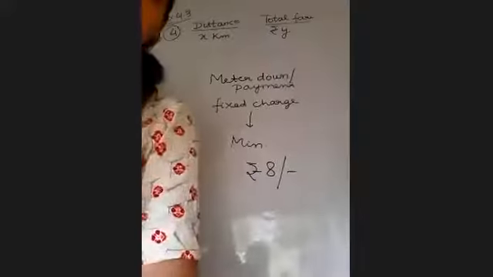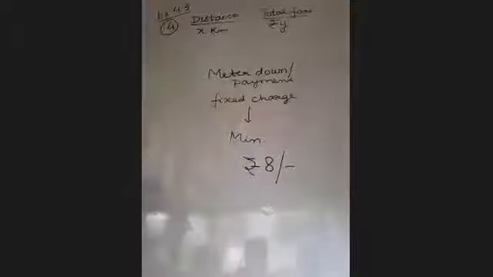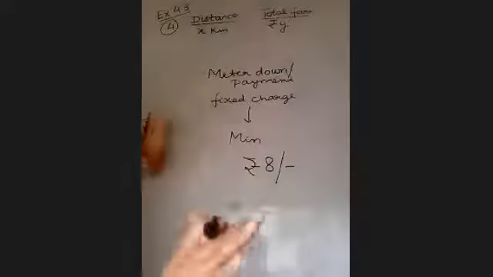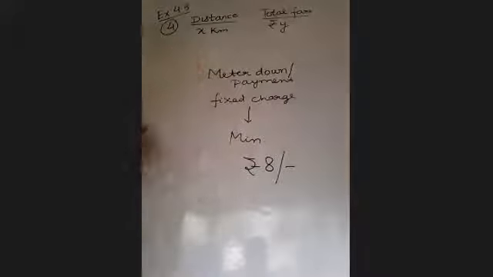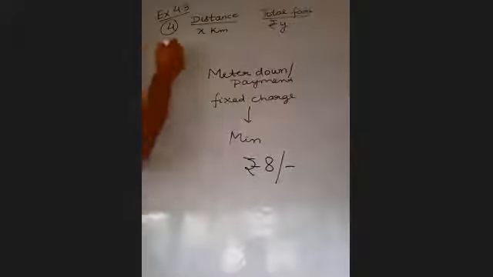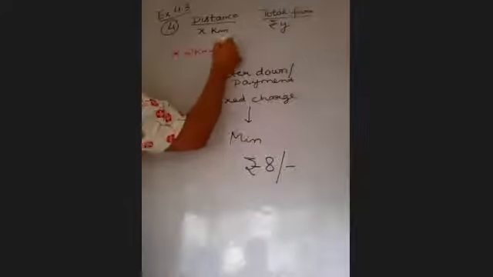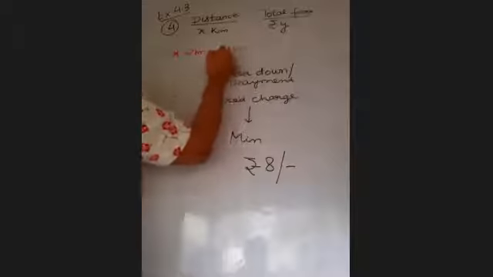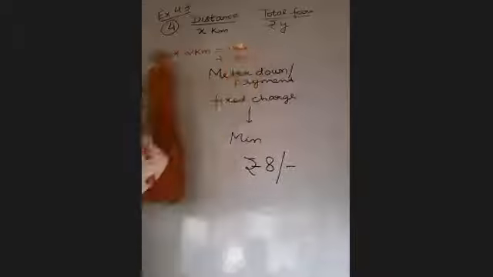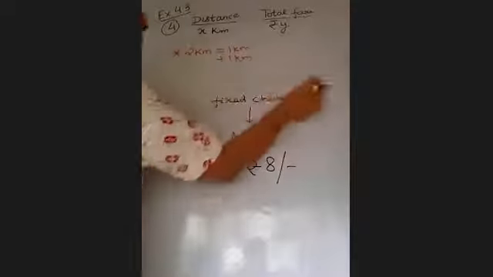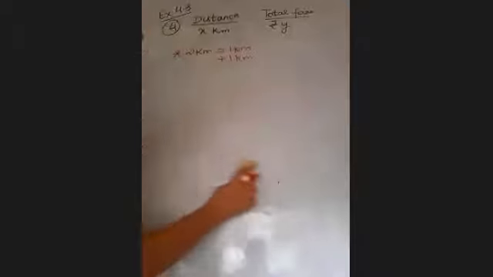Children, let me just give you a few examples first before I continue. Suppose you are traveling just 2 kilometers in all. You need to divide your 2 kilometers as 1 kilometer plus 1 kilometer.